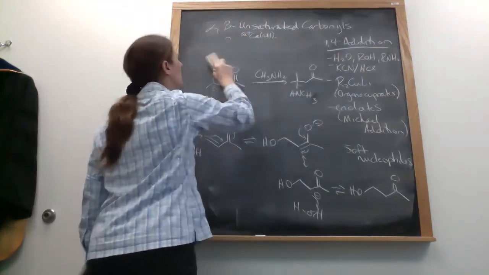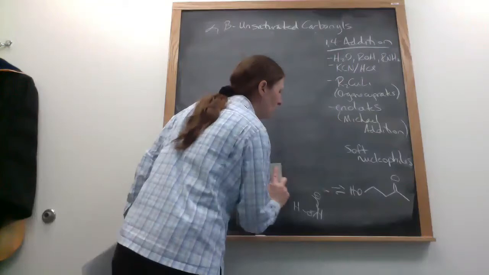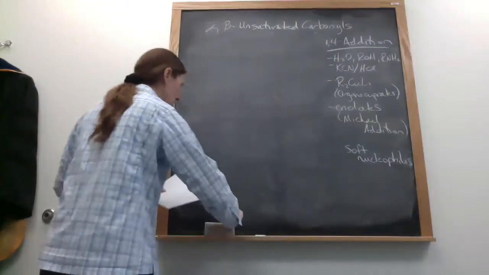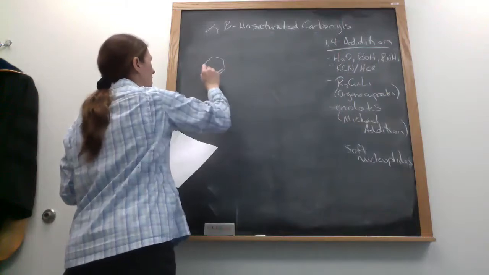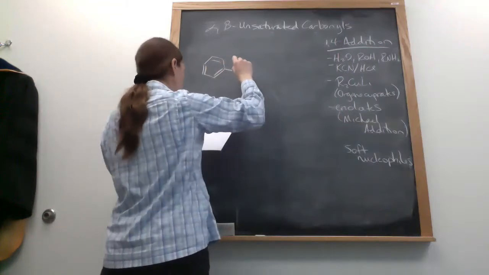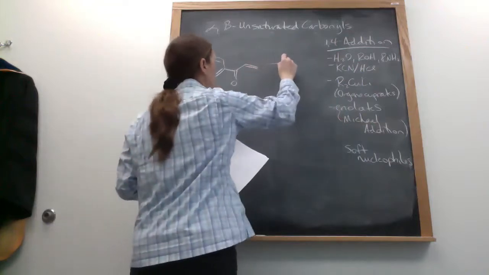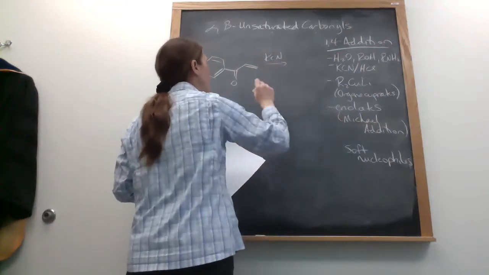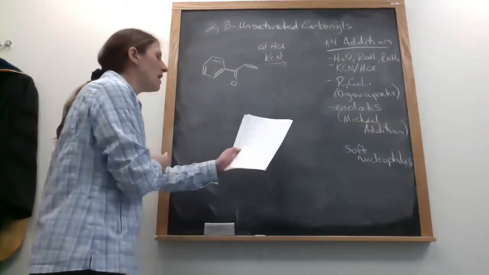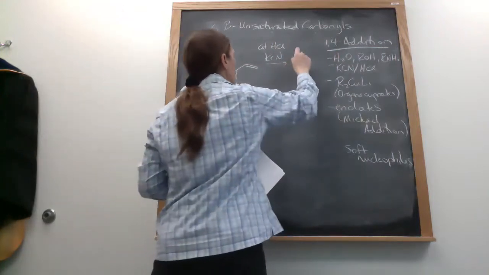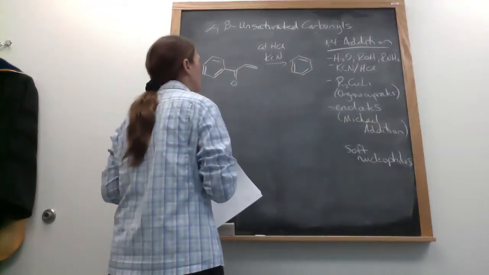We can also do this with what we saw with 1,2 additions to carbonyls. Given an alpha beta unsaturated carbonyl in the presence of KCN and a catalytic amount of HCl, what we see is 1,4 addition to that carbonyl.